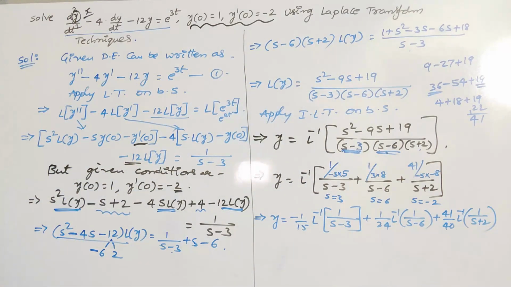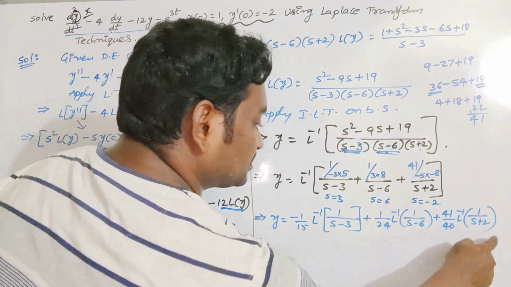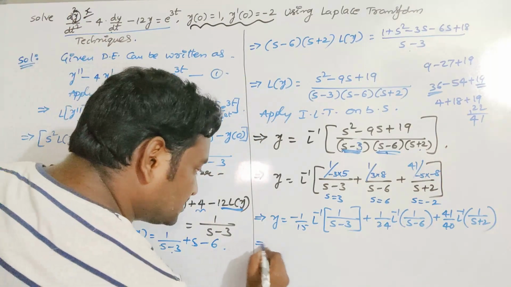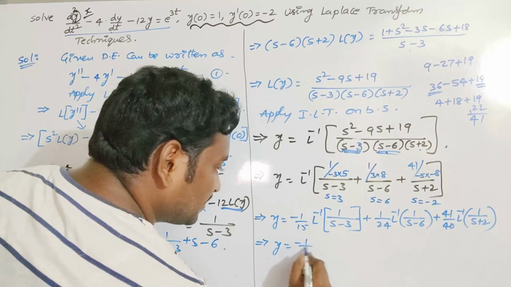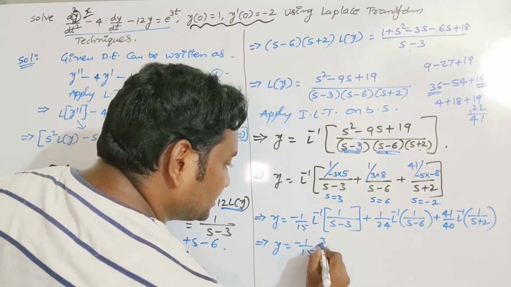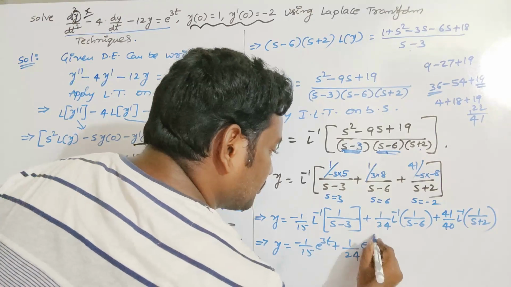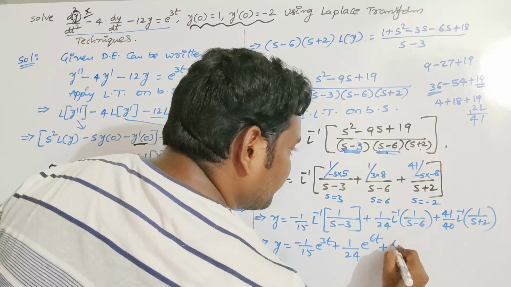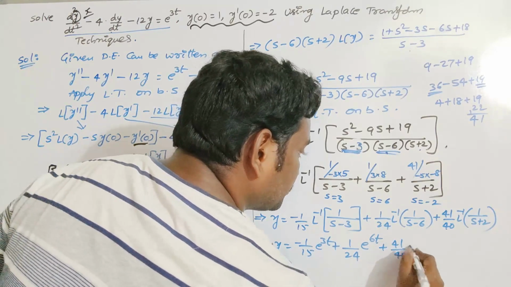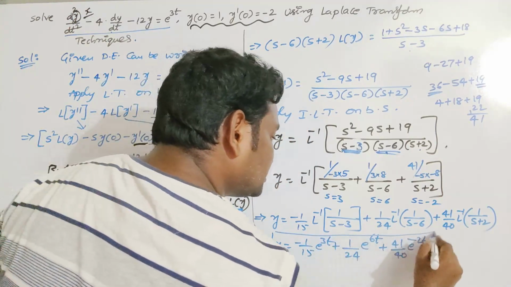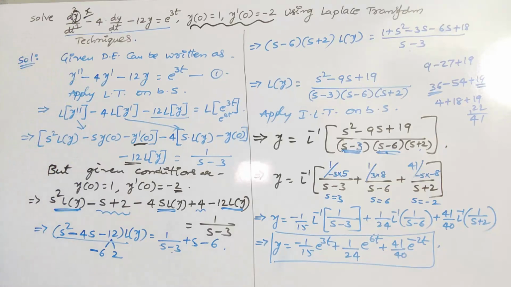So it is enough to write the formula of inverse Laplace transforms of these three parts. See, y is equal to minus 1 by 15 into e power 3t, plus 1 by 24, e power 6t, and finally 41 by 40 into e power minus 2t. This is the required solution of given equation 1.